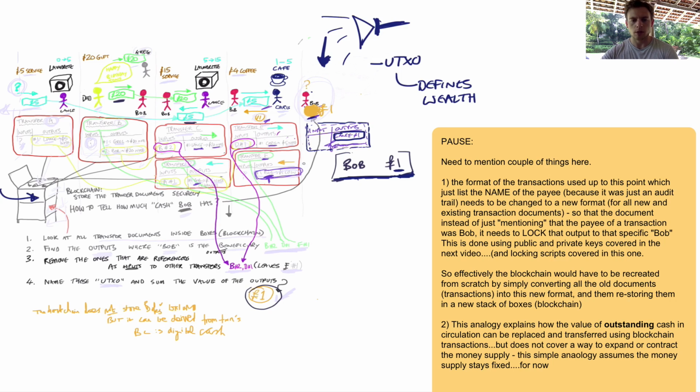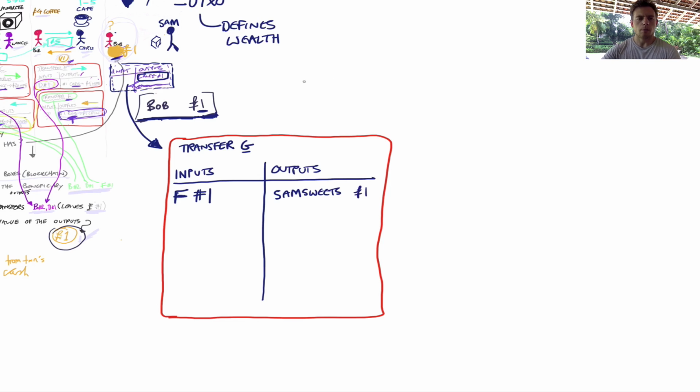So if we zoom in a little bit more on what this new transaction might look like. Let's say Bob was on his way to Sam the sweet shop, and he was going to spend that £1 coin on a £1 truffle.